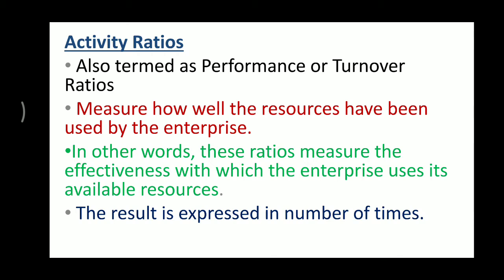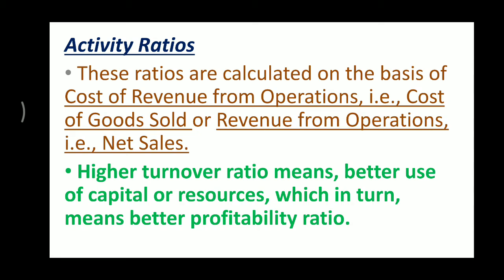The result of all the activity ratios will be expressed in number of times, and all the activity ratios will be calculated on the basis of cost of revenue from operation, which is also known as cost of goods sold. In absence of information on cost of revenue from operation, we will use revenue from operation, that is net sales.